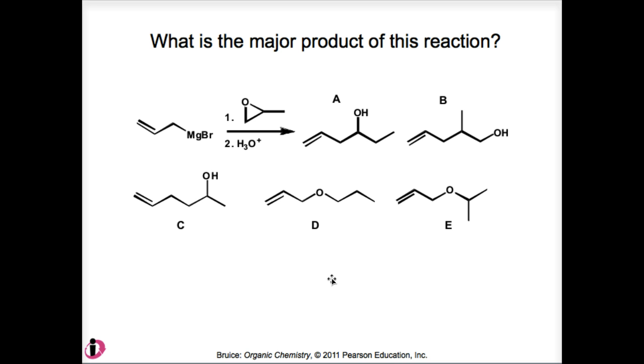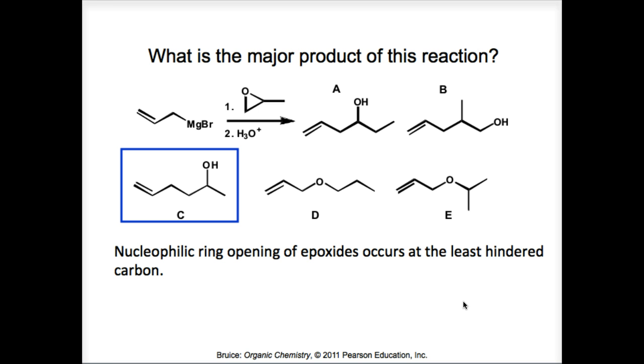Okay, here is number 4. Take a look at this for a moment. Pause. Okay, let's look at this reaction, and the answer should be C. Notice nucleophilic ring opening of epoxides occurs at the least hindered carbon. So, we've got the Grignard reagent formed, and this is a very nucleophilic carbon due to the magnesium bromide bonded right to it.